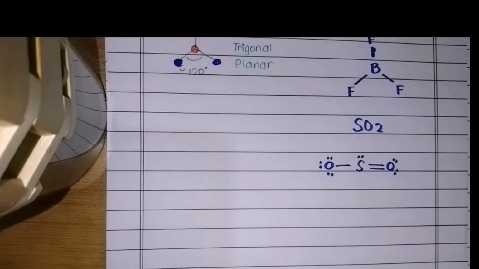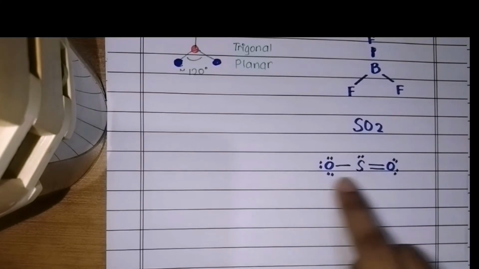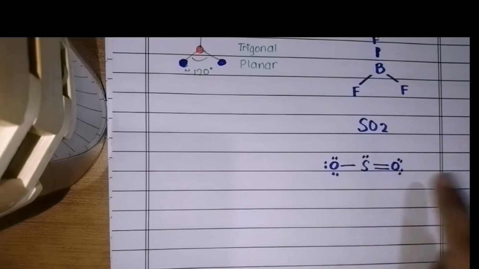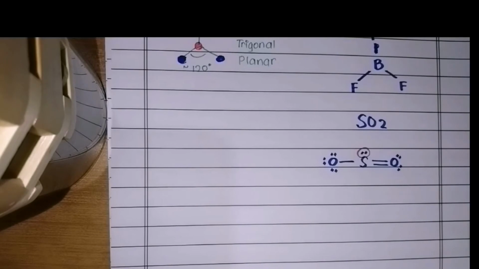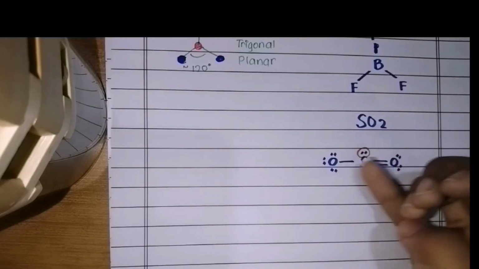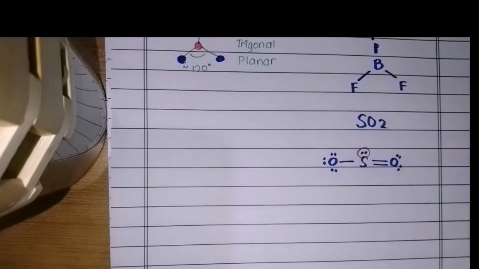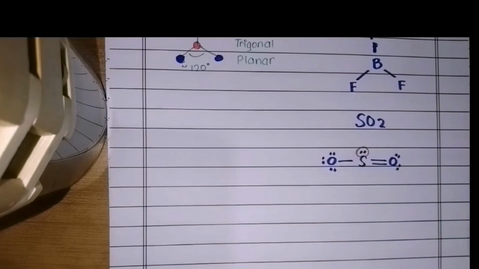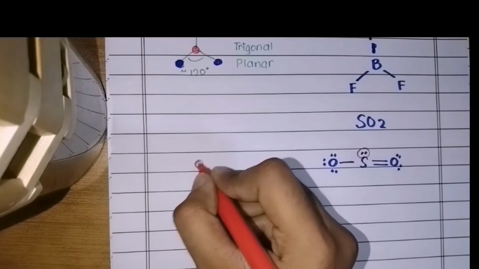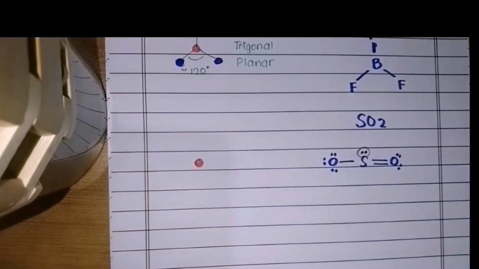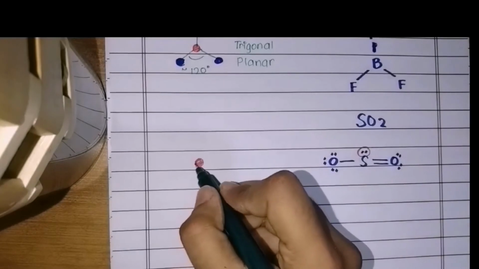So we will look at the structure here, which looks linear, but in actual there is this unshared pair of electrons, which would have an impact on these two bonds here. What kind of impact would this electron pair have? We'll take a look at this structure.